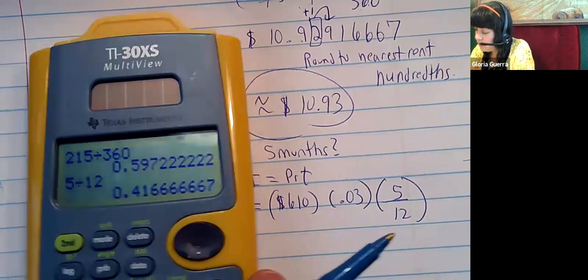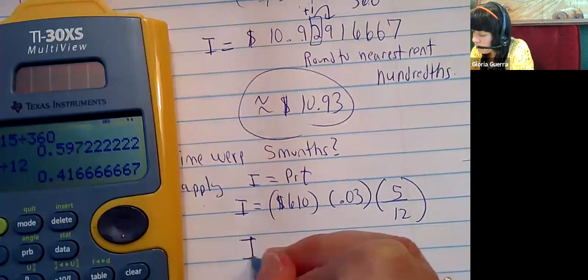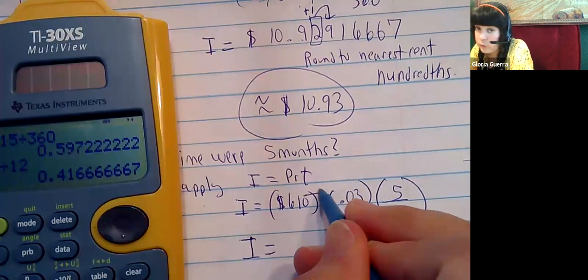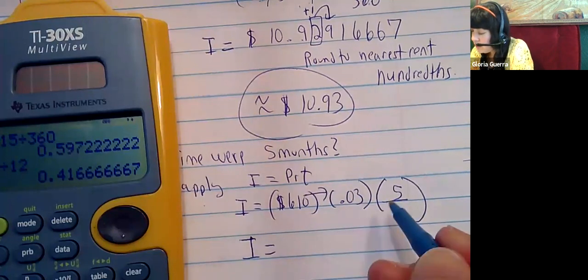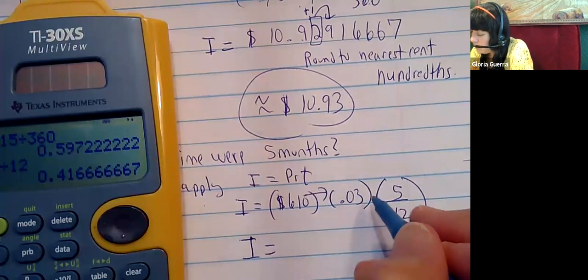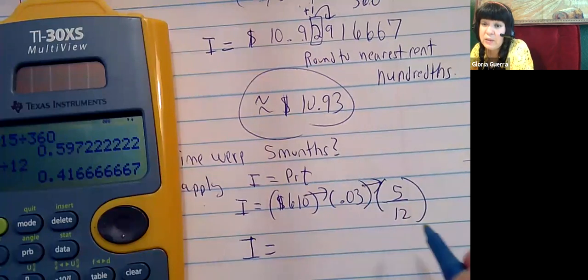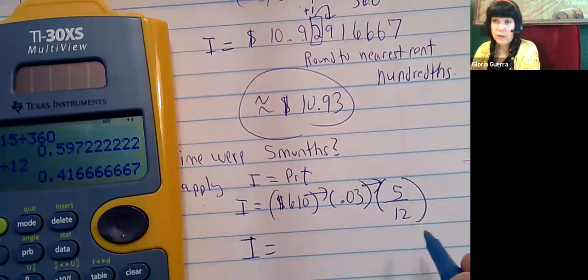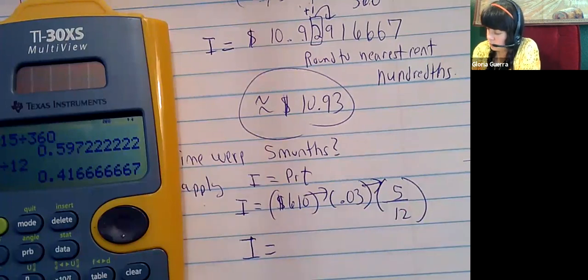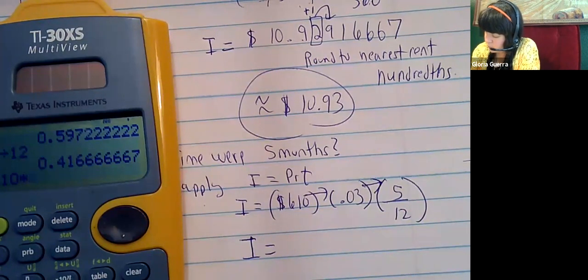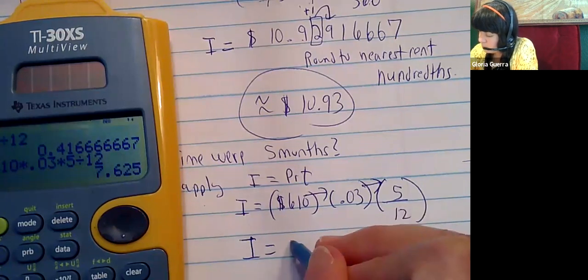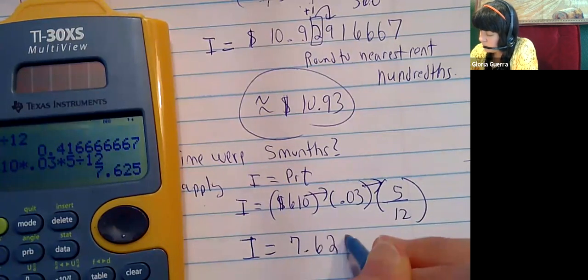So I'm going to do 610 straight across times 0.03 times 5, and then divide it by 12, and I get 7.625.